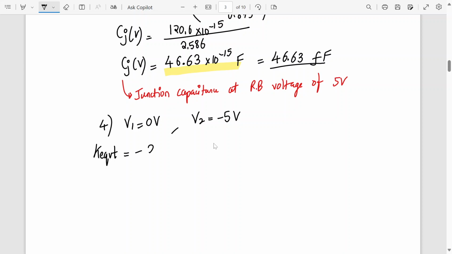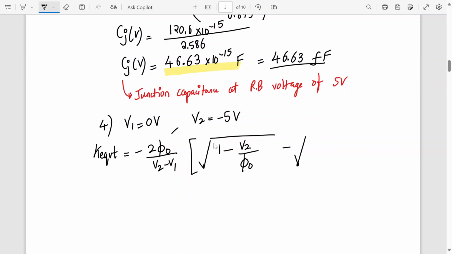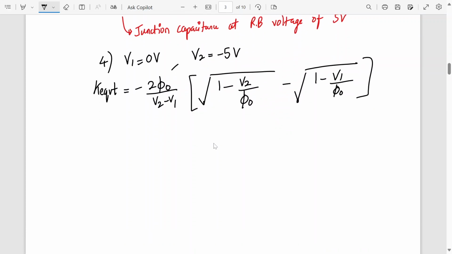So K equivalent will be minus 2 phi naught upon V2 minus V1, into square root of 1 minus V2 upon phi naught minus square root of 1 minus V1 upon phi naught. We know its value will come between 0 and 1. To substitute the values over here, K equivalent will be minus twice phi naught, whose value is 0.879 we have calculated.